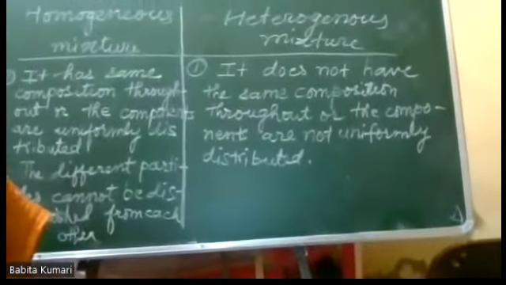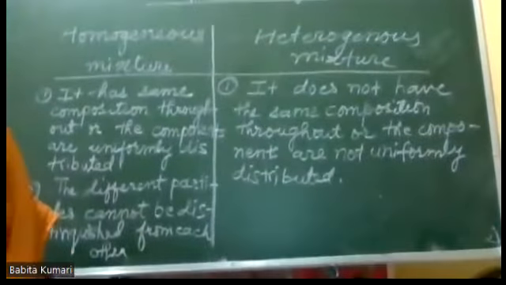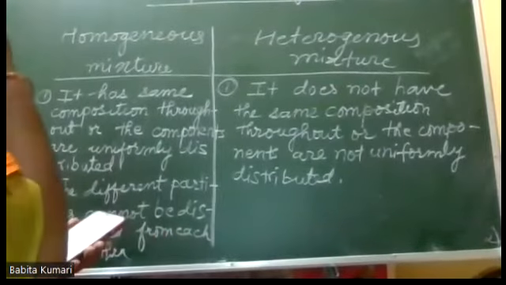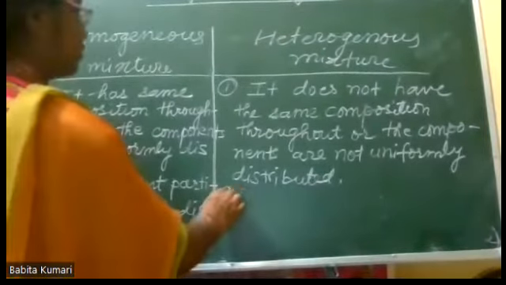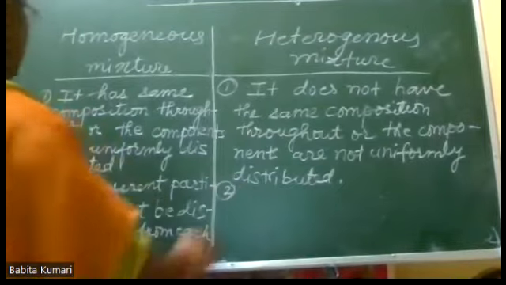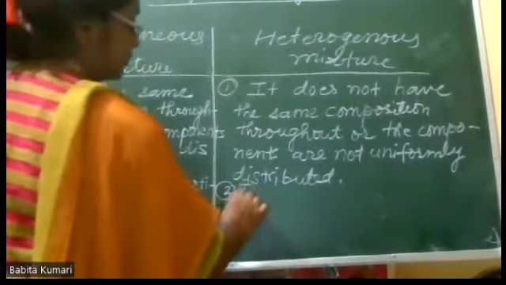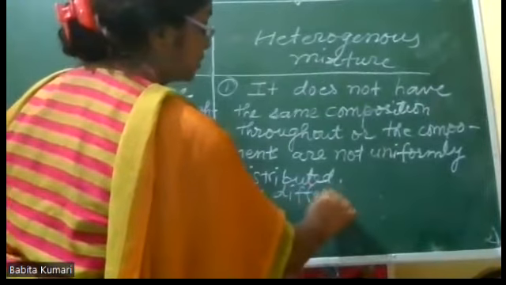So next, when you write these points, we will deal with examples, which will be the heterogeneous and homogeneous mixture. So the second point of difference for heterogeneous mixture, the different particles can be distinguished from each other.